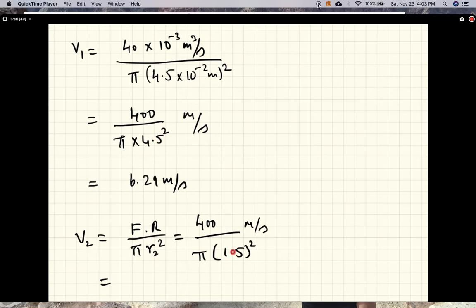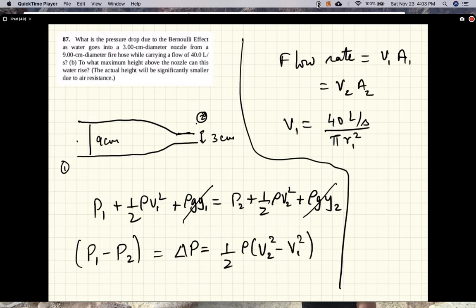Again, I've skipped a couple of steps, but it should be clear. 400 divided by that gives 56.6 meters per second. So the velocity at that point is 56.6 meters per second.